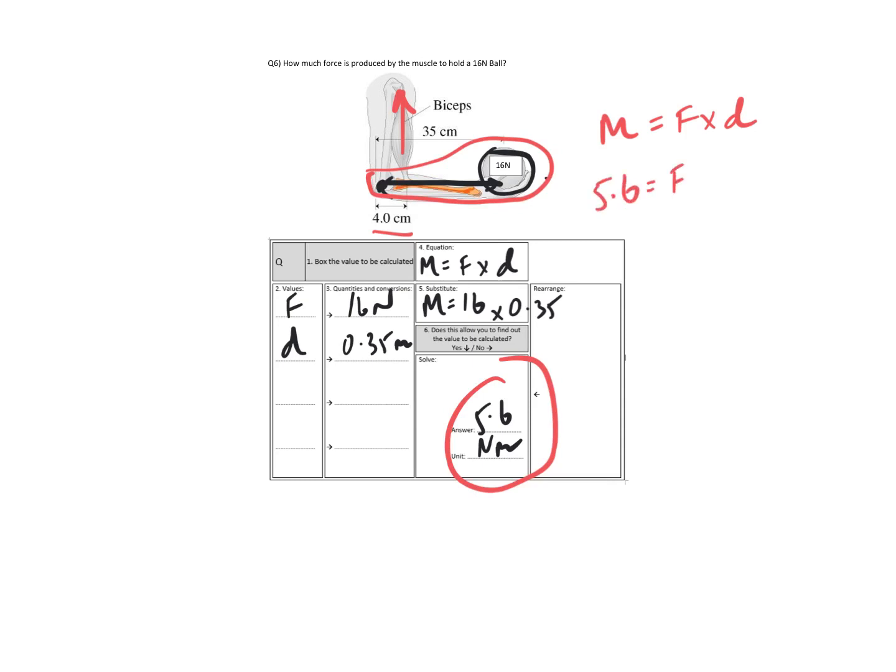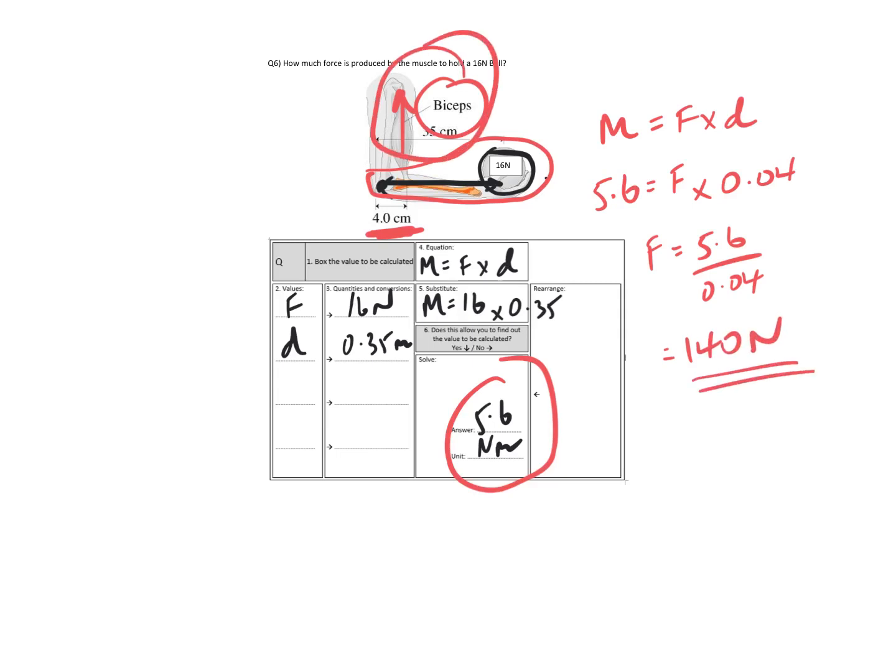We're trying to find the force on the bicep, and the distance that the muscle is 0.04 metres away. So rearranging, force equals 5.6 divided by 0.04, which is 140 newtons. So the bicep needs to have 140 newtons pulling it up to balance the 16 Newton weight hanging down.